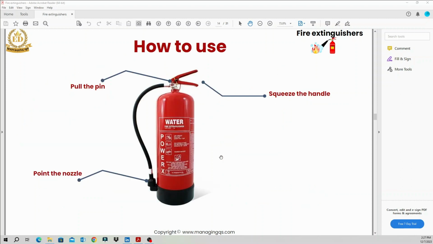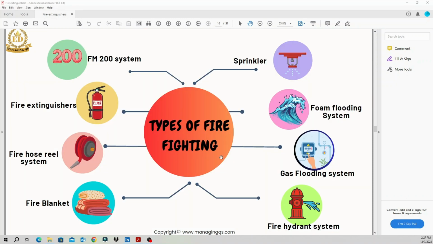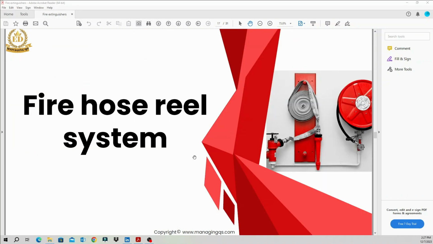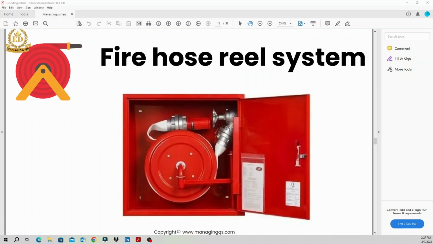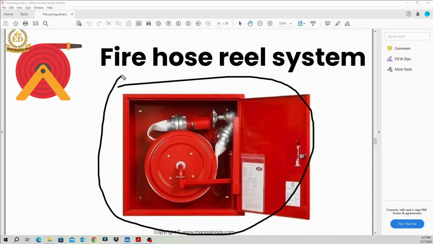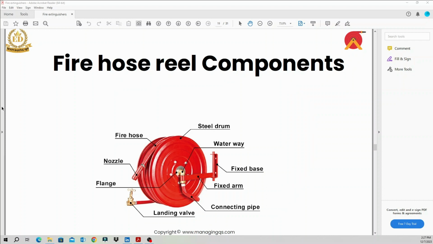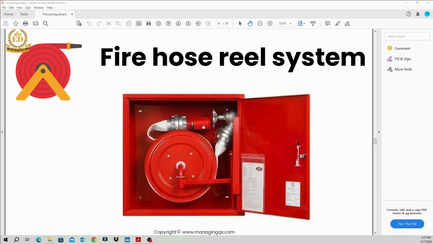The third one is the fire hose reel system. In buildings, any type of commercial building, you can see this type of component on the wall. You can find a little more information from this slide. This is the fire hose reel cabin.